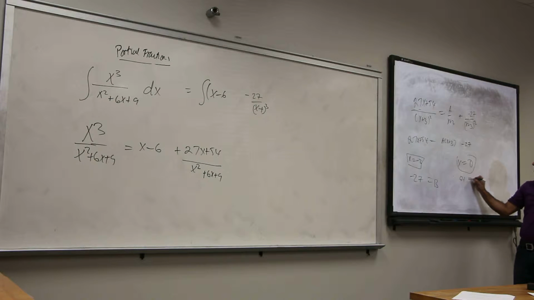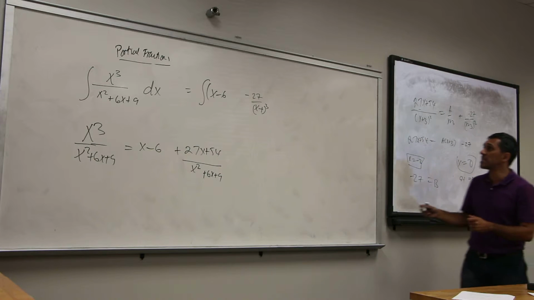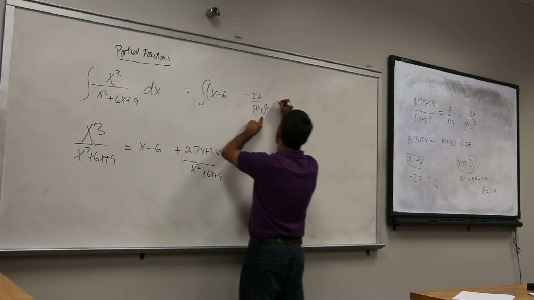A times 3, 3a minus 27. So what is A? 27. Very good. 27.